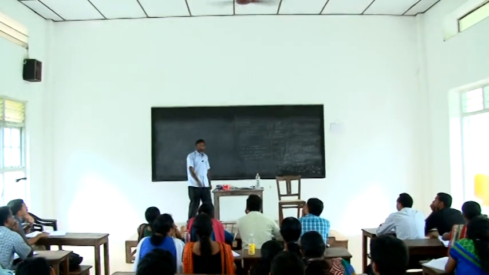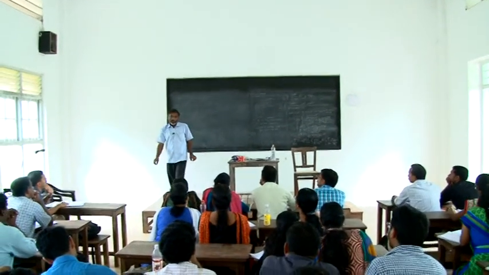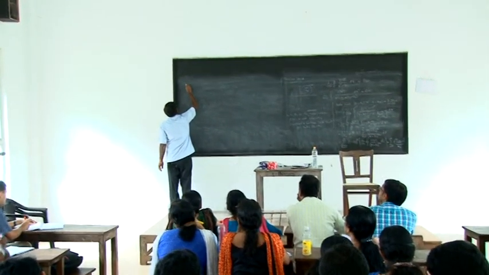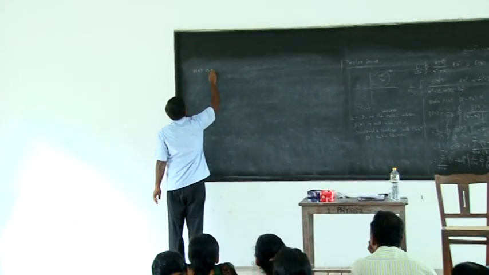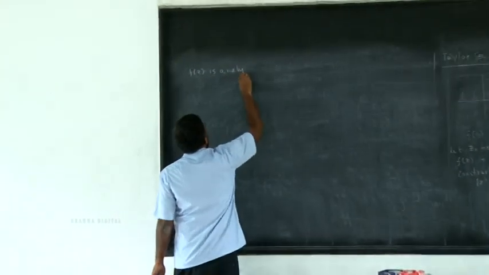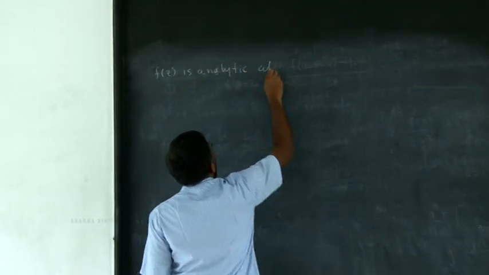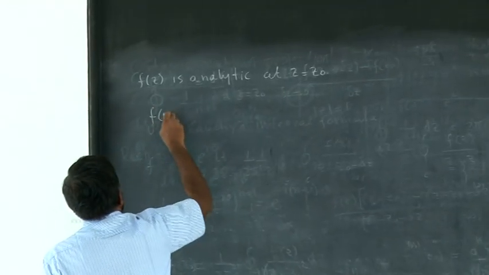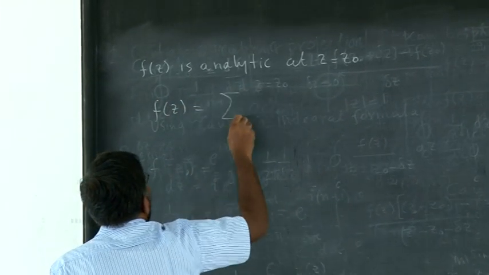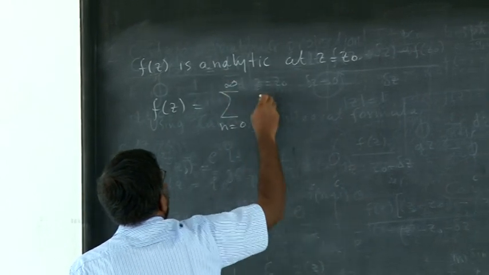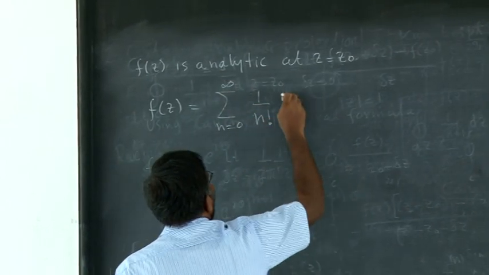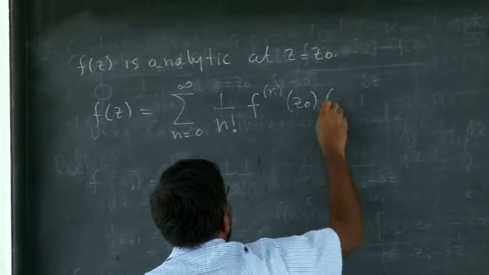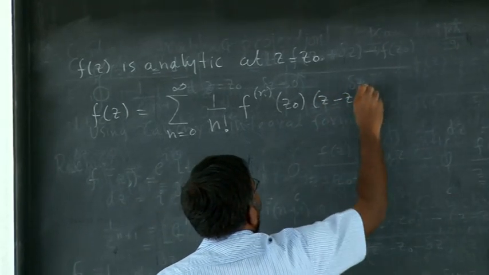One point that we have to worry about: any analytic function, so f of z is analytic at z equal to z naught, then f of z can be written as the sum from n equal to 0 to infinity of 1 over factorial n, f to the n of z naught, into z minus z naught to the n.